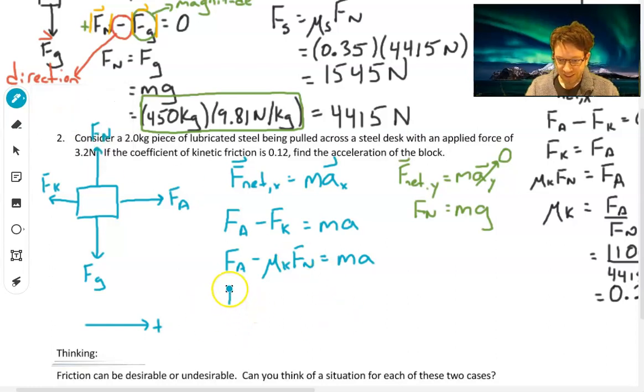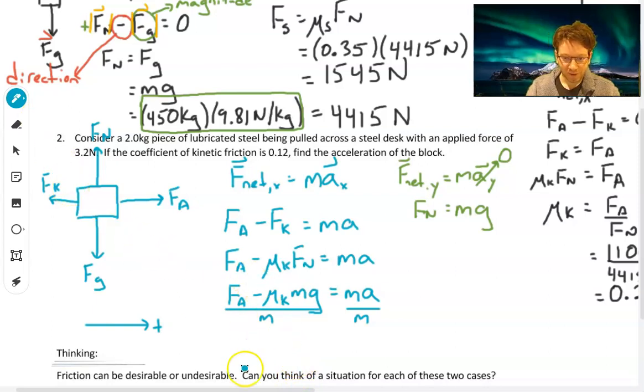So I can rewrite this as Fa minus mu k, where Fn is mg, equals mass times acceleration. Since I'm solving for acceleration, divide both sides, or every term, however you want to do it, by m, and we can solve for a.